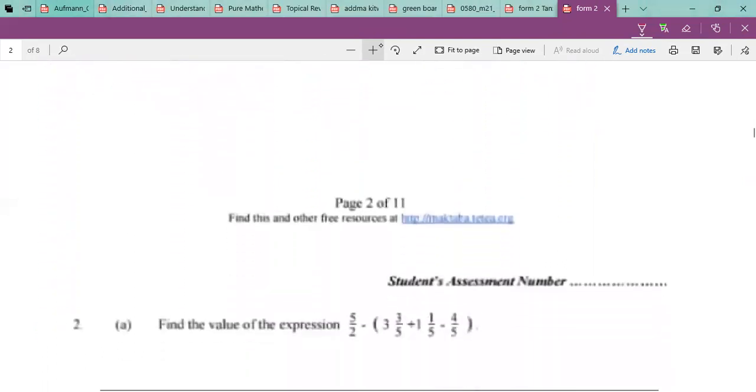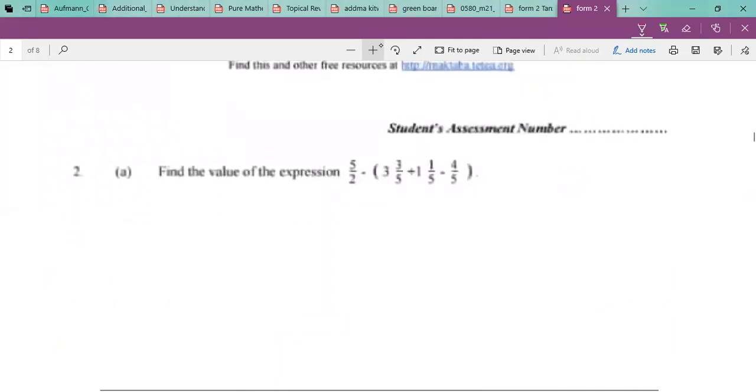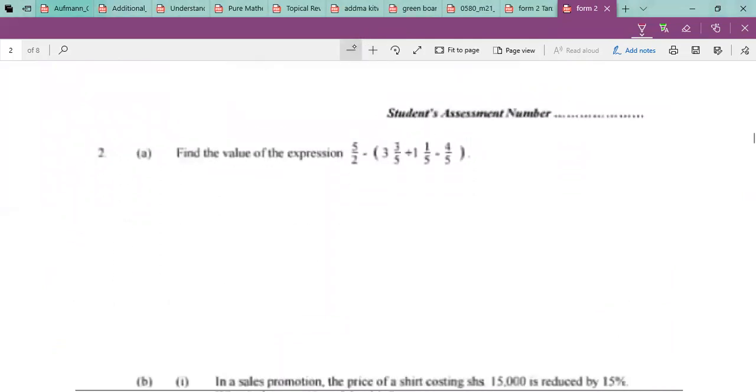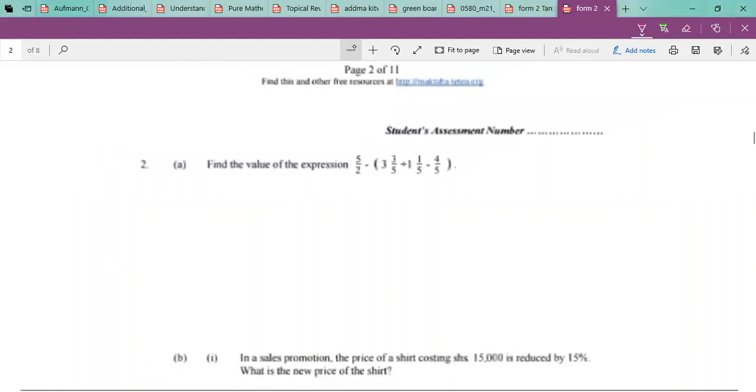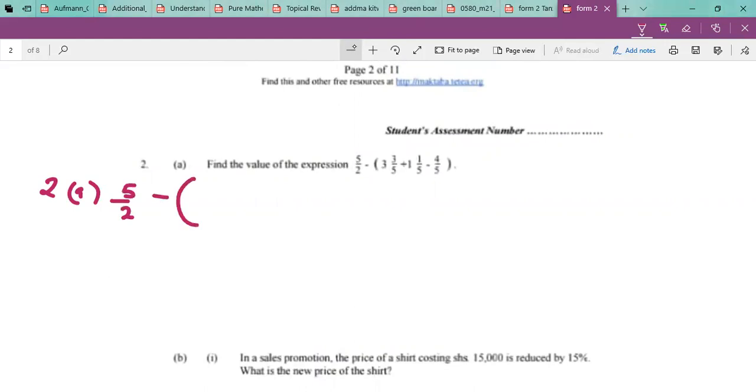Question 2. In case it is not clear, 2a, find the value of the expression. The expression is 5 over 2 minus, in brackets, 3 as a whole number, then 3 over 5 plus 1 over 5, minus 4 over 5.